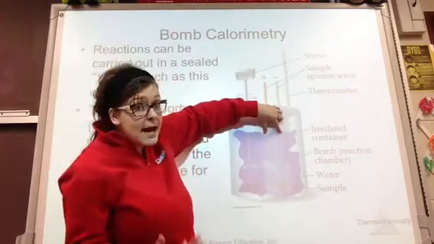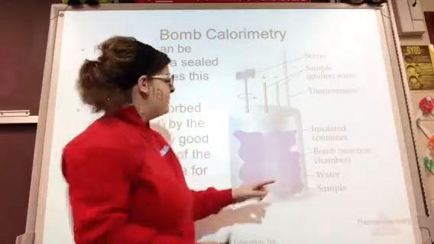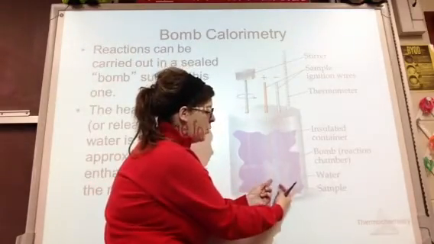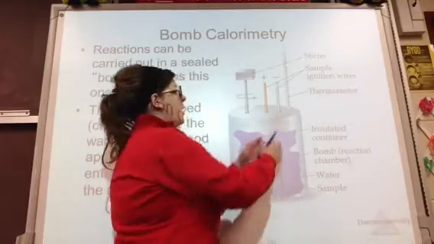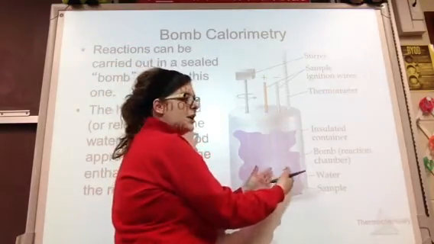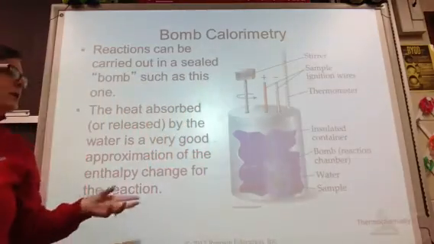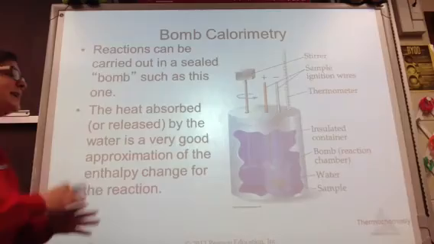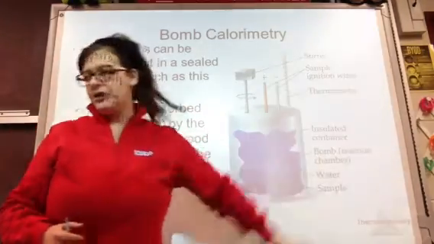If I look inside that insulated container, I would see that they're also within that bomb, and these 2 little wires are touching that sample. So if I take these 2 sample ignition wires and initiate some type of combustion, I'm going to get that combustion reaction happening in the bomb, or in the reaction chamber.